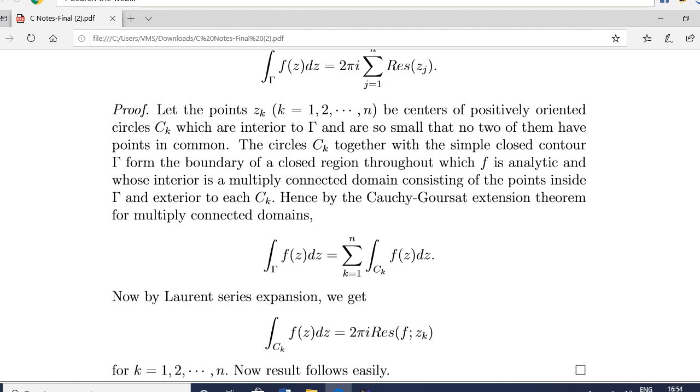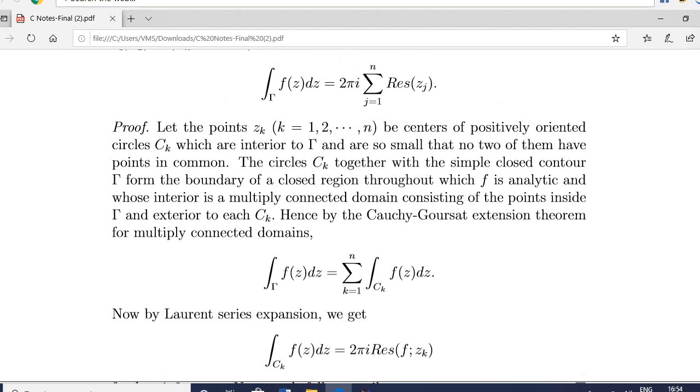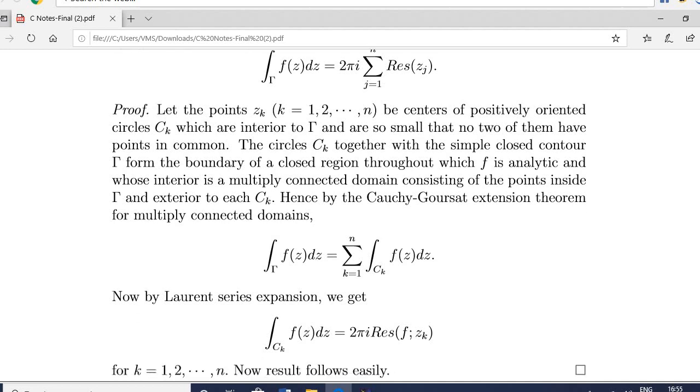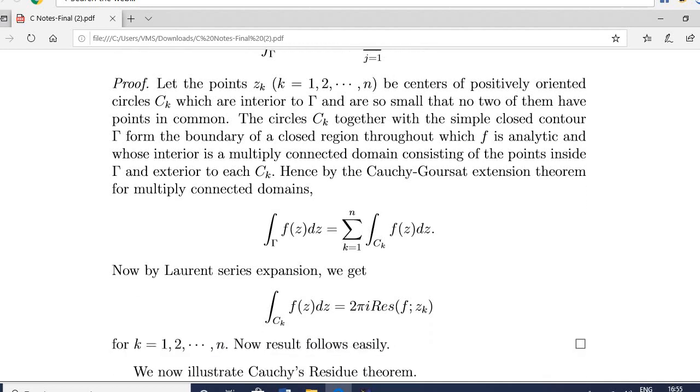So now substituting this in the earlier formula, that is, the integral over gamma is the sum of the integrals over Ck, but the integral over Ck is 2 pi I times the residue of f at Zk. So immediately the statement of the theorem follows: the integral over gamma is 2 pi I times the sum of the residues. So the residue theorem statement as well as its proof is very simple.